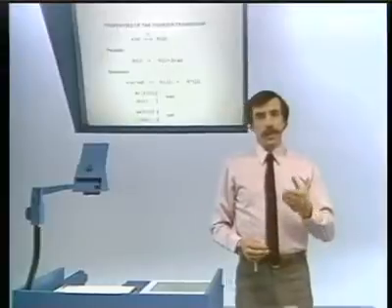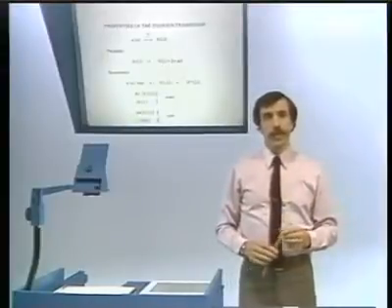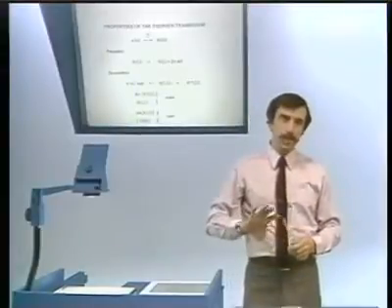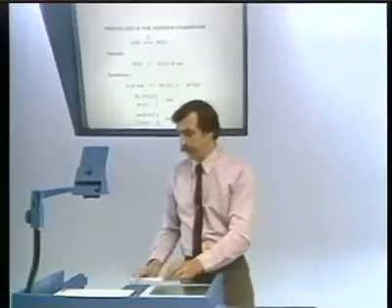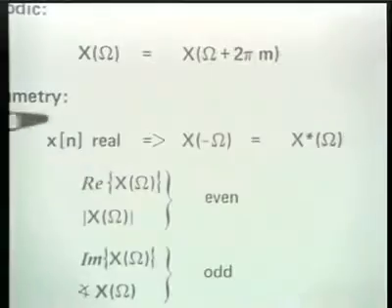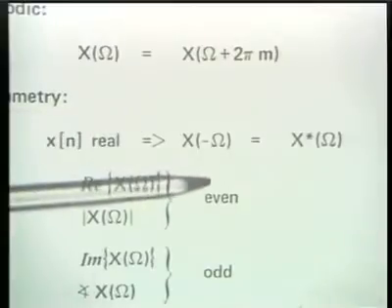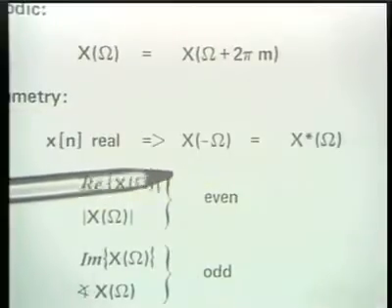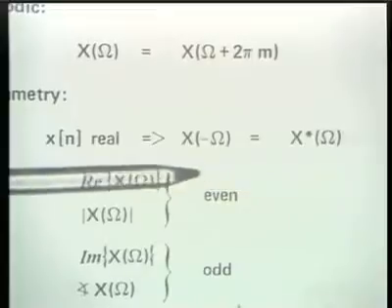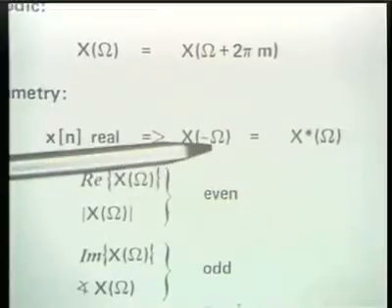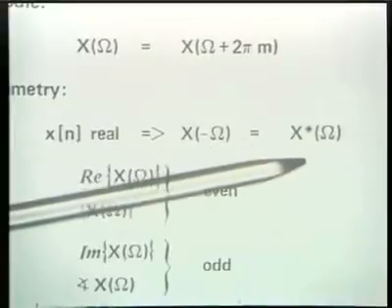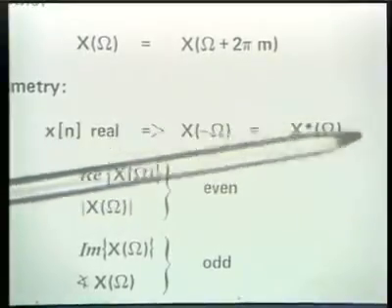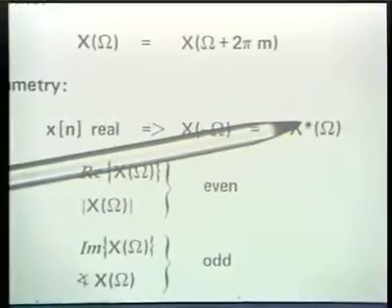Just as in continuous time, the Fourier transform has important symmetry properties, and in particular, if the sequence x of n is real valued, then the Fourier transform is conjugate symmetric. In other words, if we replace omega by minus omega, that's equivalent to applying complex conjugation to the Fourier transform.